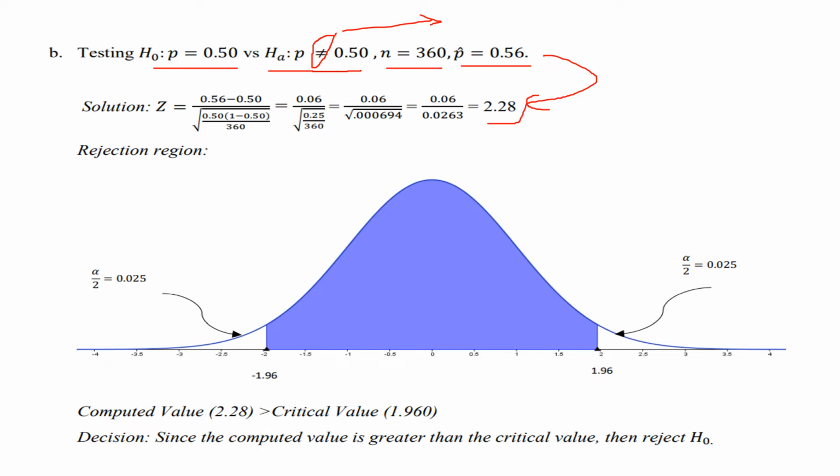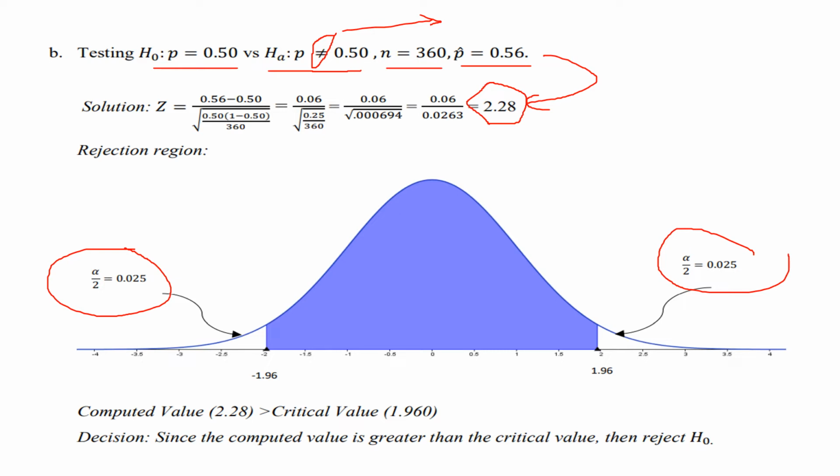So your computed value is still 2.28, the same value from your letter A example. Now, dealing with this figure, we just simply divide your alpha by 2. So there is a change now with the value of your critical value. That's why you need to be familiarized with the critical values for the left tail, right tail, and your two-tailed test, because there's a difference between those values. So it can change, no?